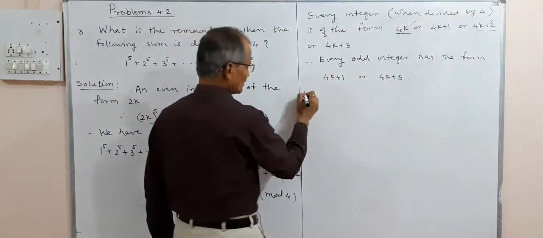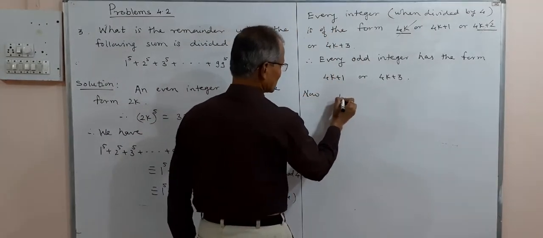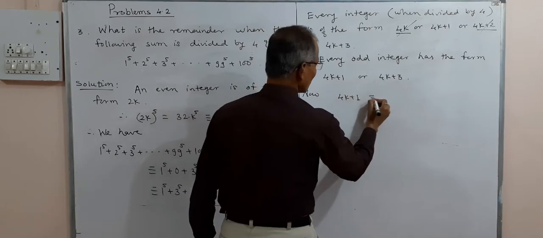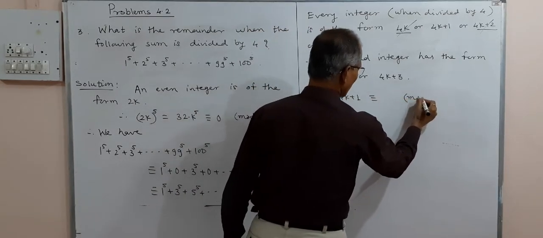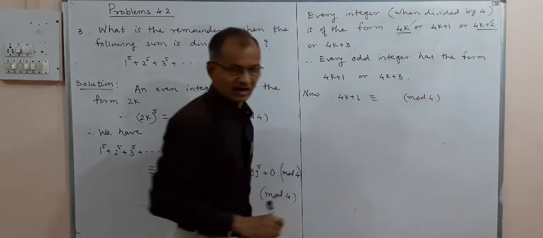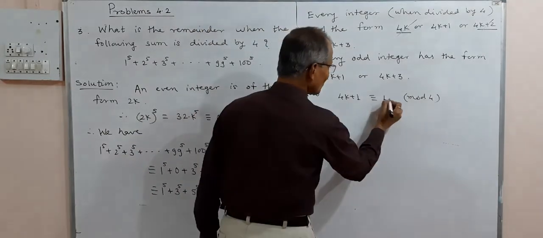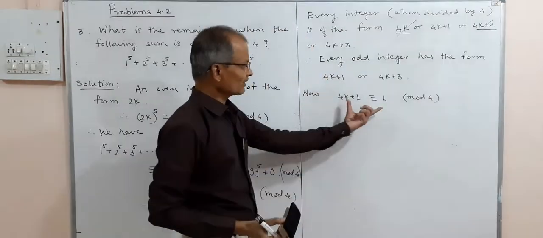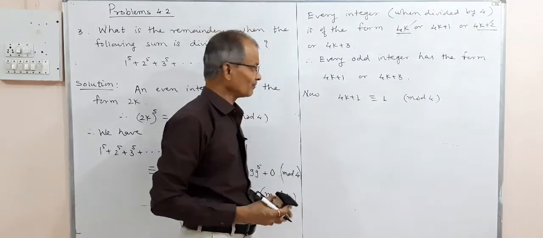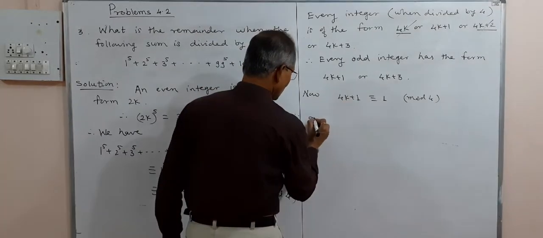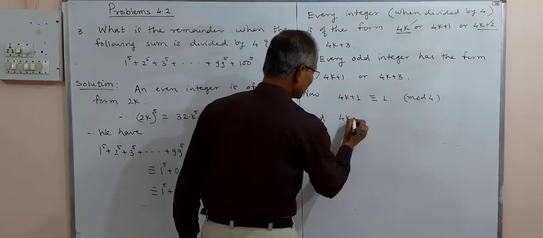Now these odd integers: 4k plus 1 is congruent to which number under modulo 4, that we shall consider, and it is easy to verify. It is congruent to 1 itself, because the difference is 4k, and 4 divides 4k. And what about 4k plus 3?